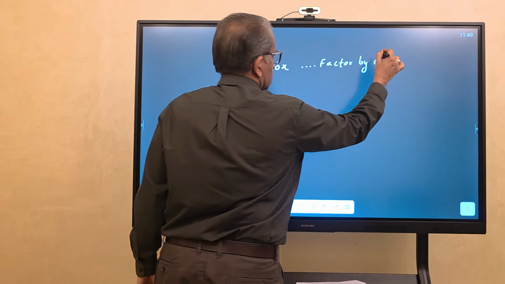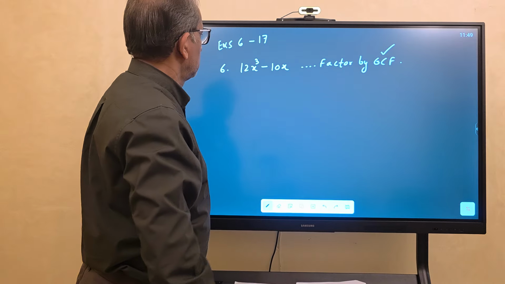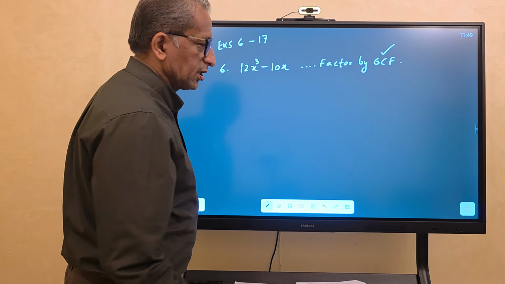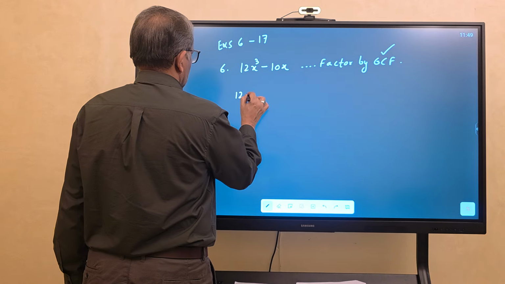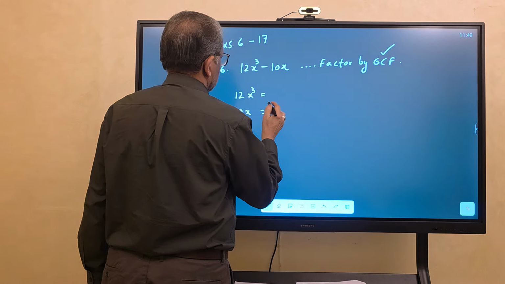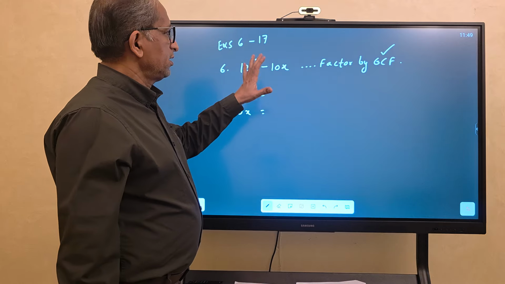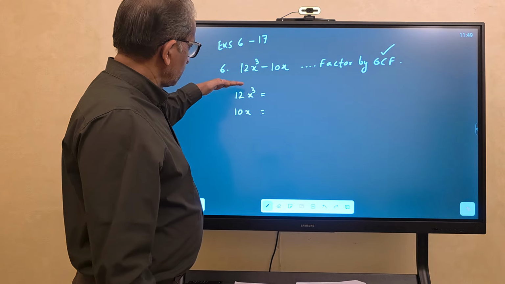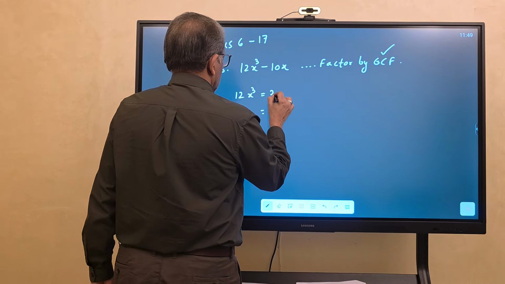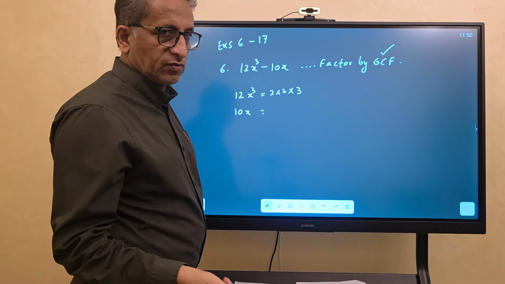So let us find the GCF of this binomial. I will take the terms separately: 12x cubed and then 10x. I take the terms one by one and find the GCF of each term. So 2 into 2 into 3, that is the factors of 12.